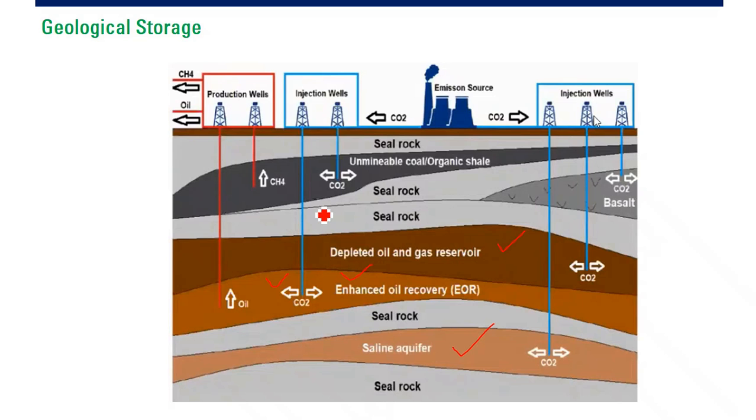But you can also inject CO2 in unminable coal zone. Ya, tapi yang tidak ditambang. Itulah unminable, tidak ditambang. You can inject your CO2 there. You can also store your CO2 in CBM, coal bed methane zone. You can also inject your CO2 there, and also in basalt formation. Batuan yang namanya batuan basalt.